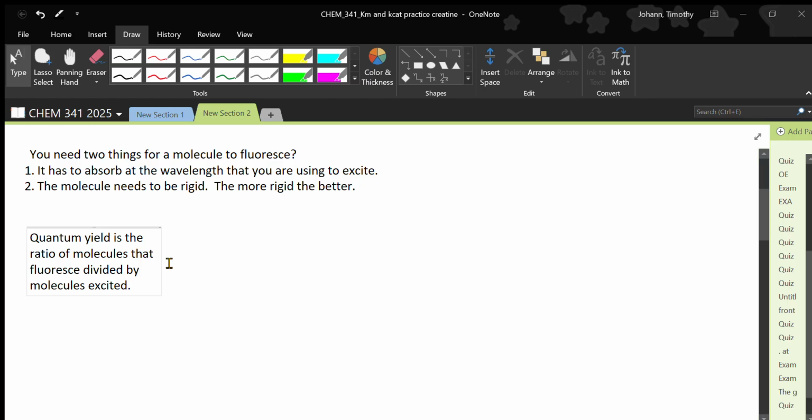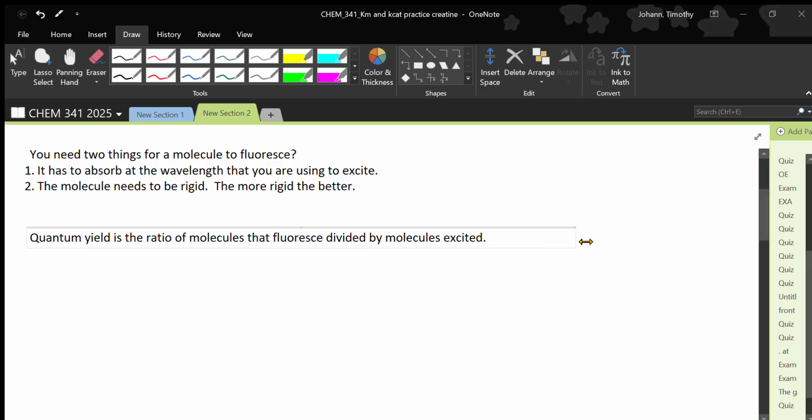So one is about molecules excited, and two is about molecules that actually fluoresce.